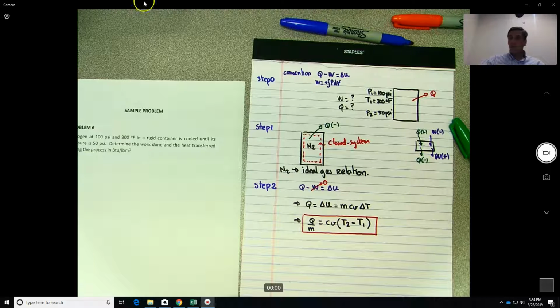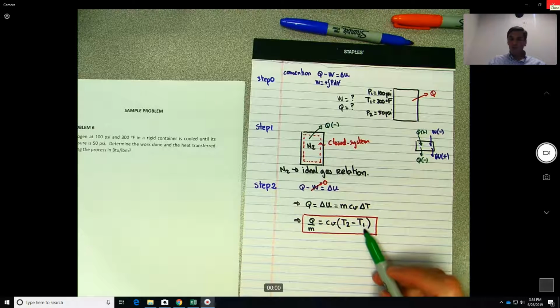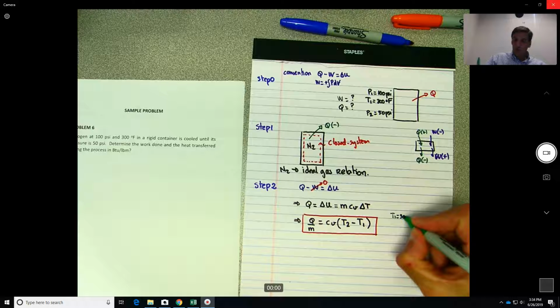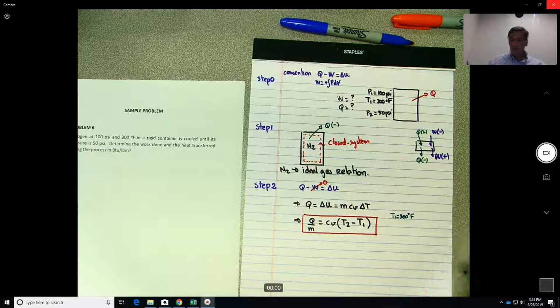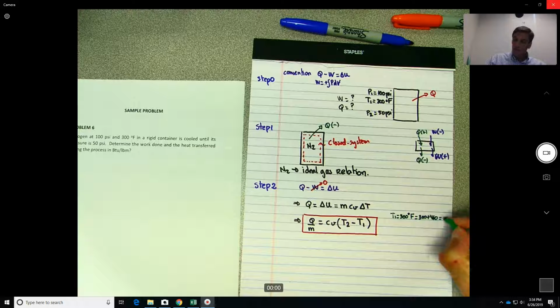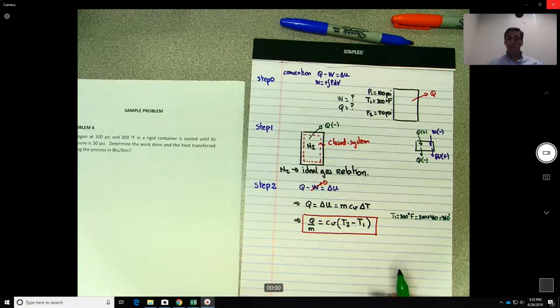Okay, so let us check whether we have all the information that we need in order to solve. We know T1 is 300 degrees Fahrenheit, or if you use Rankine, it will be 300 plus 460, 760, but it's not really needed in this problem. You will see why. And now we need Cv.